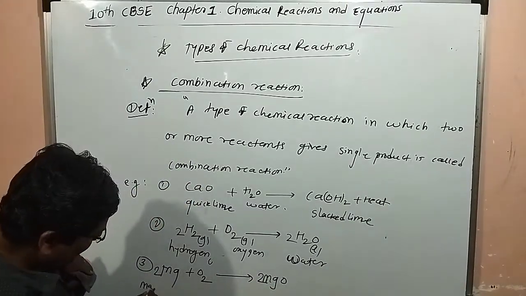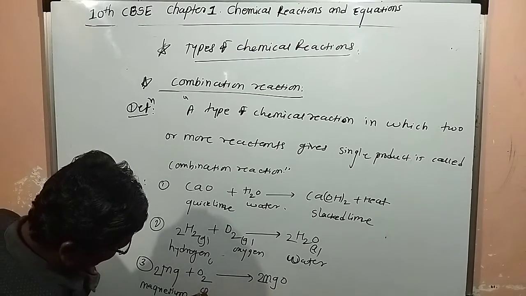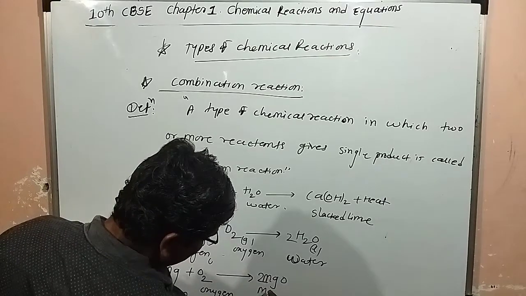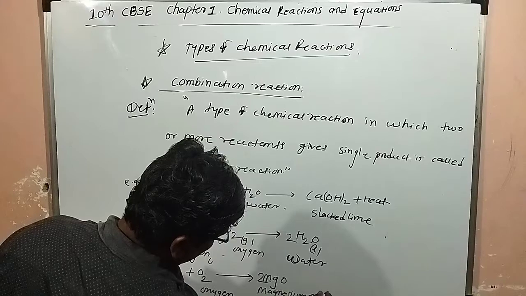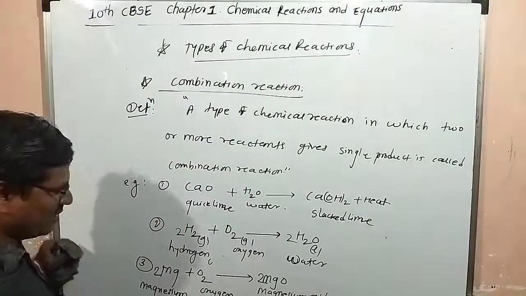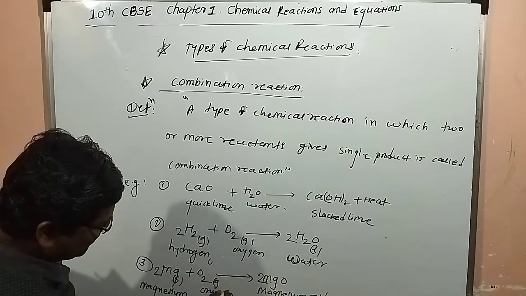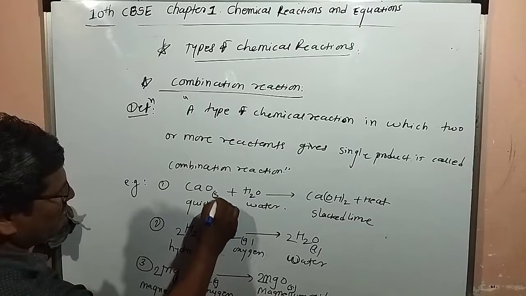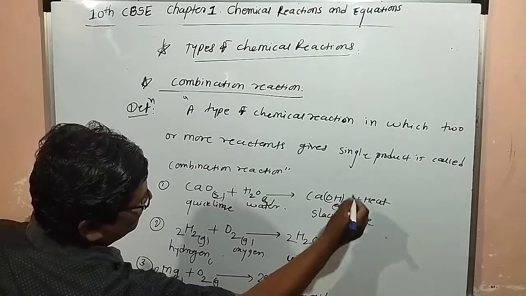So here magnesium ribbon plus oxygen gives magnesium oxide. This one is solid state, this one is gaseous state, and this one is solid state. Here solid state, liquid state, and this one is aqueous.